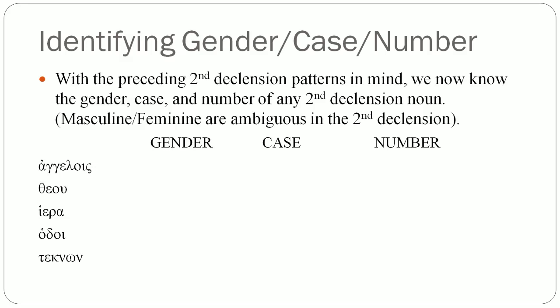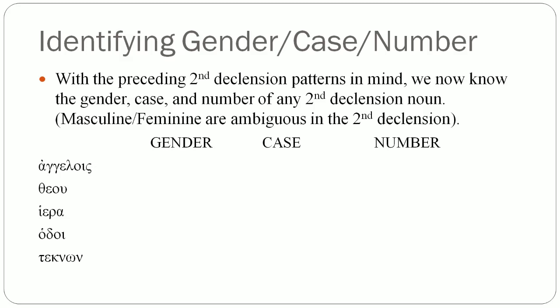Angelois is the first one. And theou, hiera, hadas, and teknon. Do you remember what the endings are for all of these?